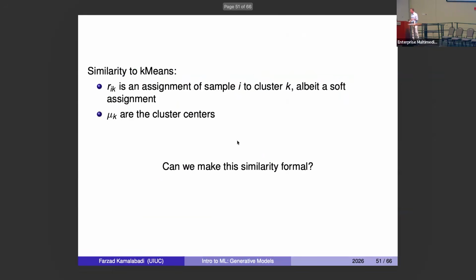So what's the upshot? It's a generalization of k-means, where r_ik is an assignment of sample i to cluster k, even though it's a soft assignment. And the mu of the Gaussian, the mean of the Gaussian, is the cluster center.